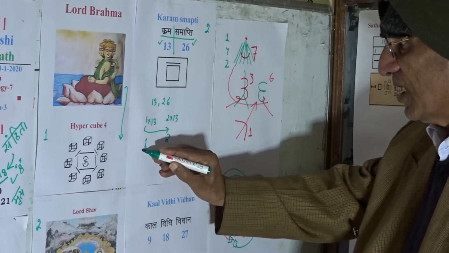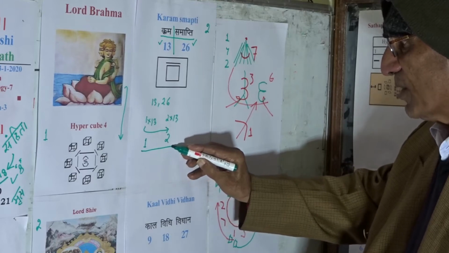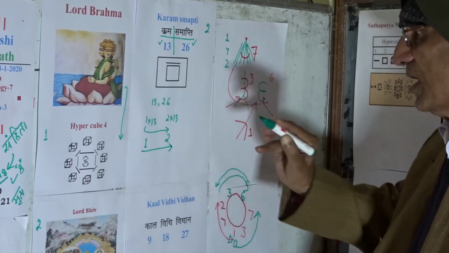It is Ekadikain. It is a linear sequential progression of the rule of one more than before.